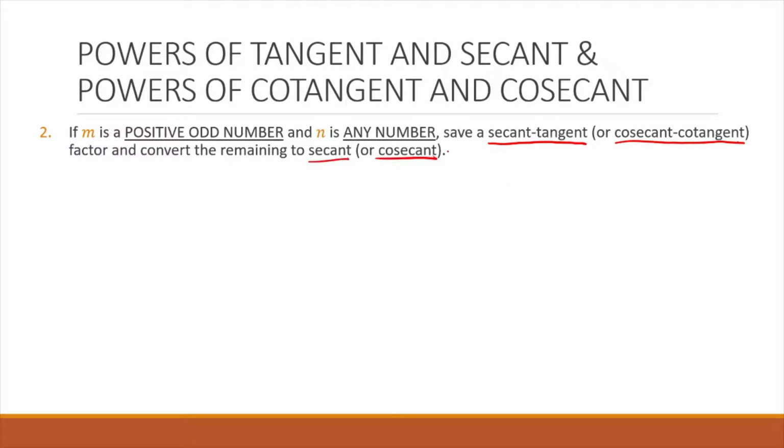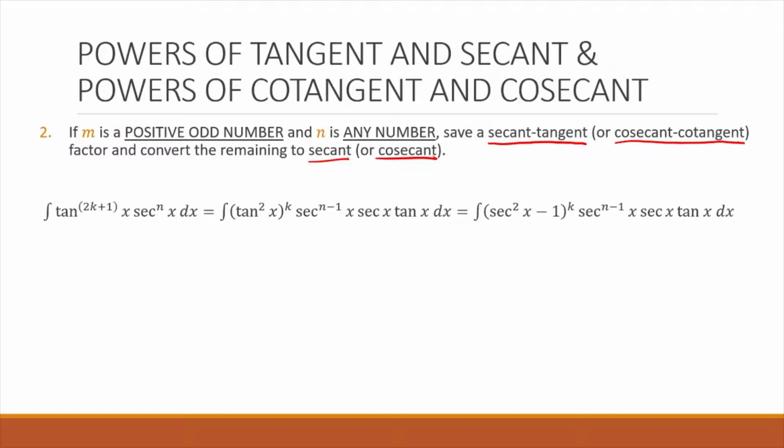Alright, so let's look at the forms for these integrals. Tangent raised to m initially. So m here is represented as 2k plus 1, so as to emphasize lang na it's a positive odd integer. And then secant raised to n of x dx.